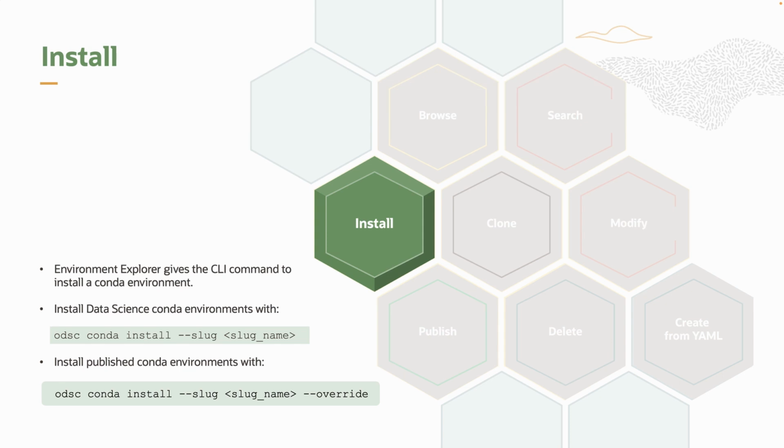If you would like to install a Conda environment that you have published to your object storage bucket, use the ODSC Conda install slug, the name of the slug, and then the override parameter. And that will override the default behavior of installing data science Conda environments and install a published Conda environment instead.